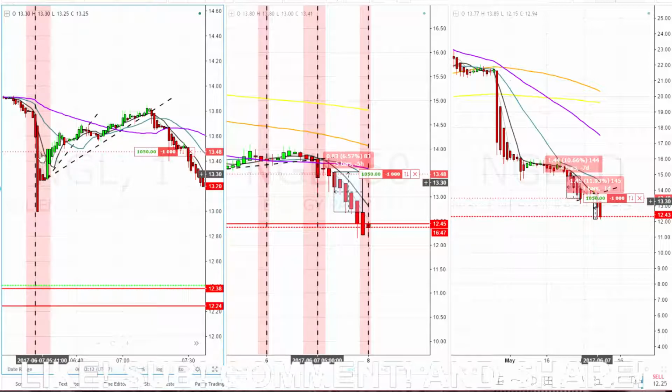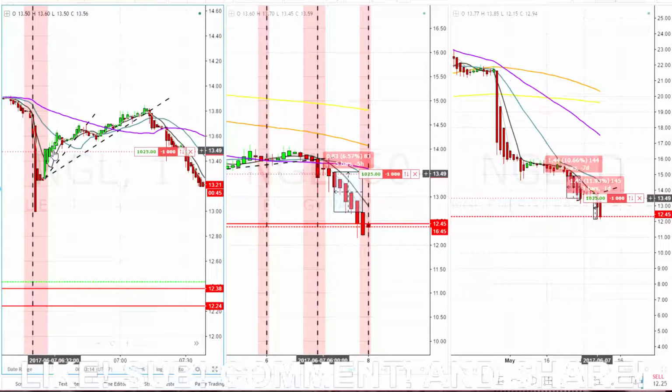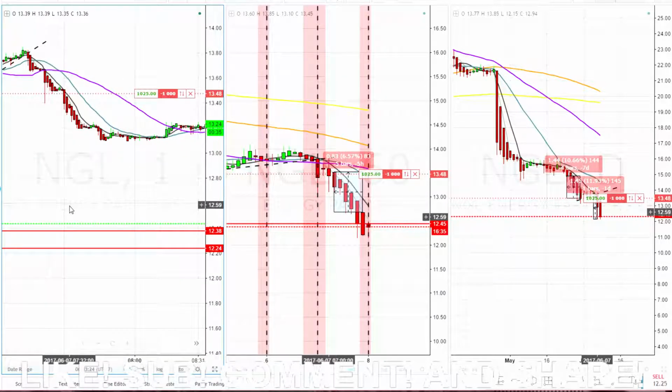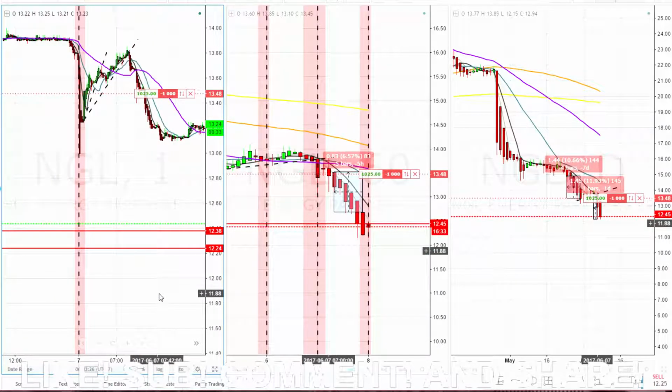So you could say that this is a mini bull flag. That's a definite indicator for the stock moving up to however far the market wants to move up. Same thing with this one right here. Right here is where the market broke down, came back up.